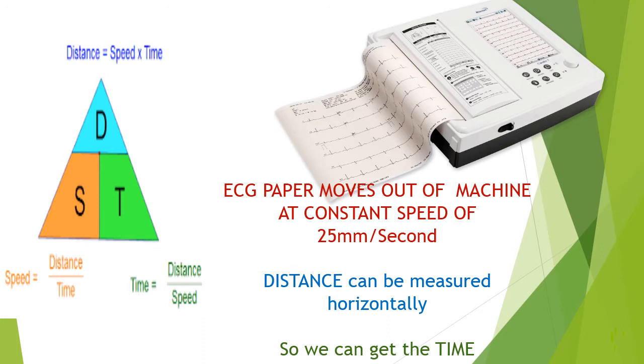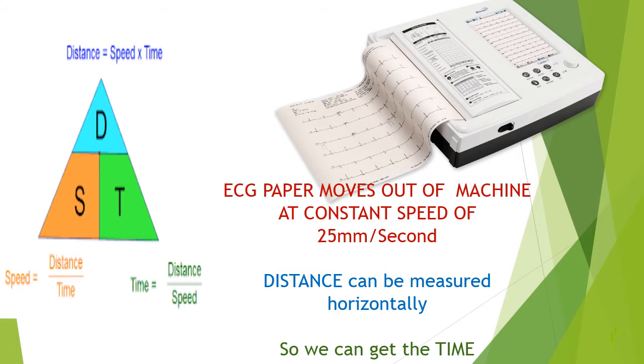So time equals measured distance divided by speed, and we know that speed is 25 millimeters per second. As an example, if you measured 25 millimeters horizontally on the ECG paper, this will equal 25 divided by 25, equaling 1 second.